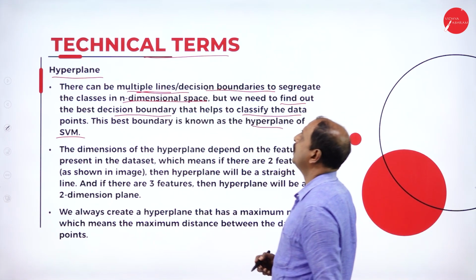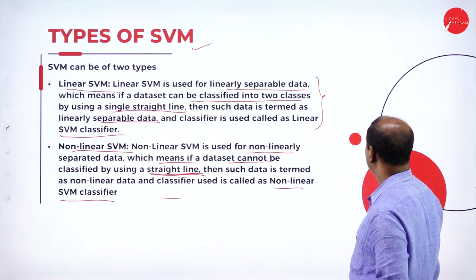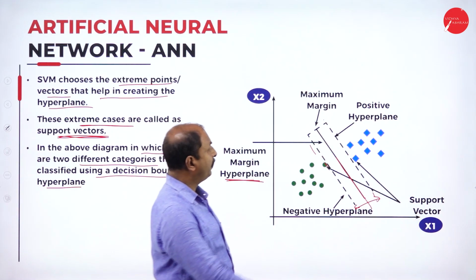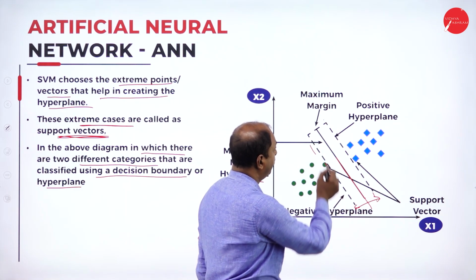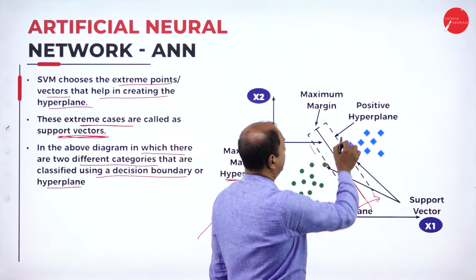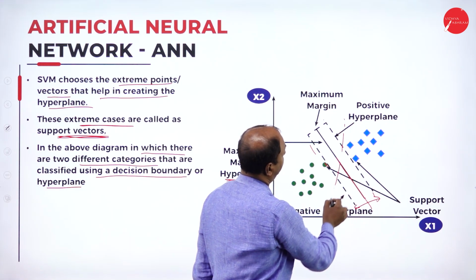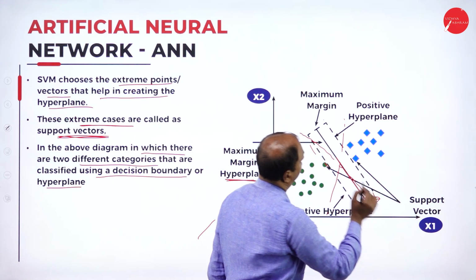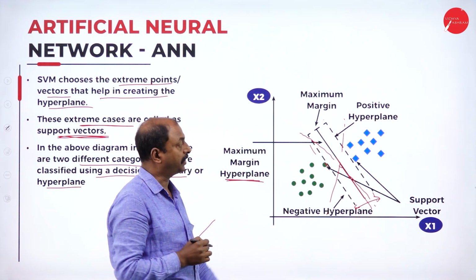Now if you look at the example here, we have drawn one line, a dotted line, one hyperplane, and it is also possible to segregate the given data set into different classes with a different line.